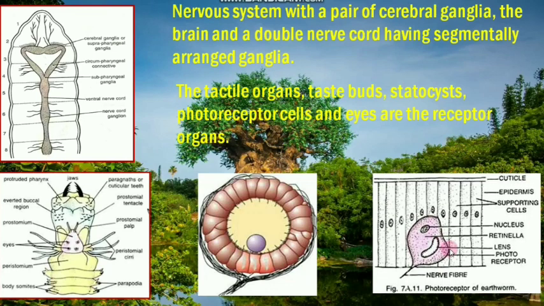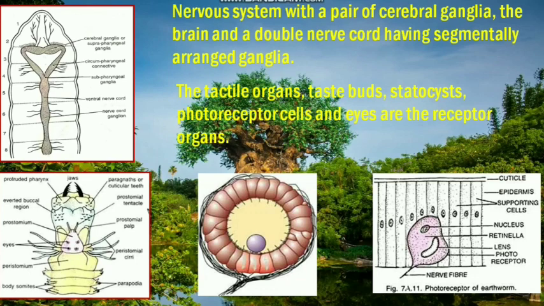Now you can see photoreceptor cells. So these are the photoreceptor cells. They are formed of epithelial cells and supported by retinal cells. These photoreceptor cells are concerned with the light sensitive nature, and eyes are also concerned with the light sense. You can see the eyes here, 4 pairs of eyes in the case of Nereis.